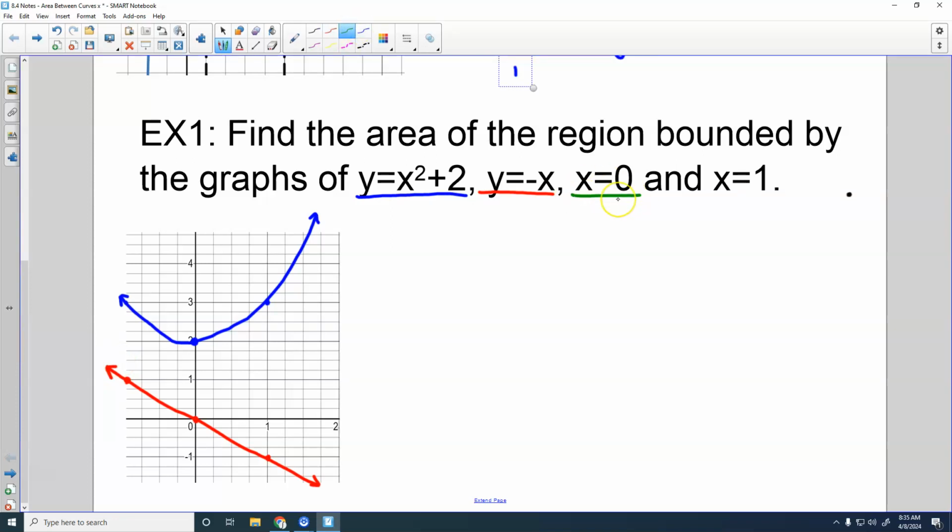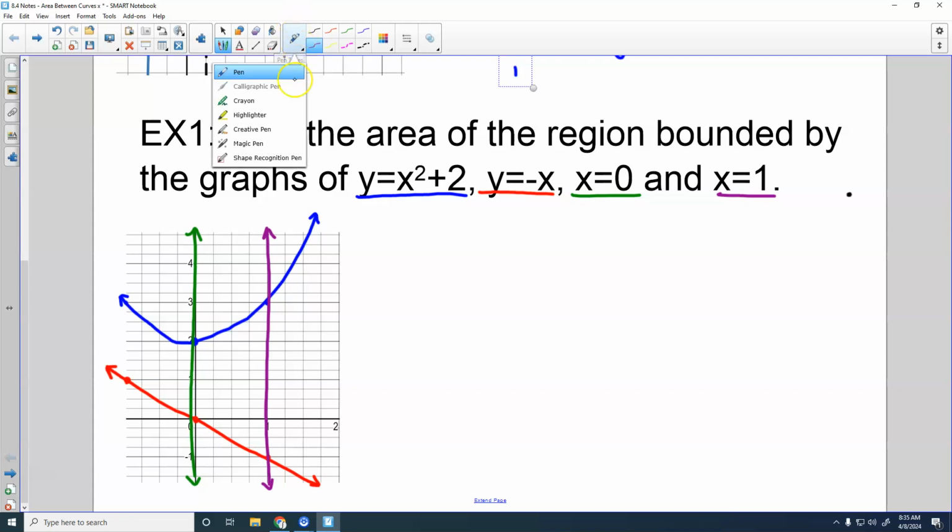Then I've got x equals 0, a vertical line at 0 right here. And last I've got x equals 1, another vertical line right there. So what we're looking for here is this area right here that's enclosed by all four of those graphs.